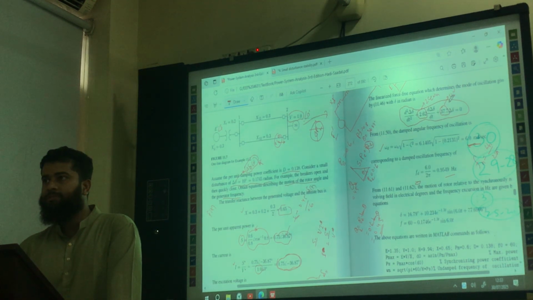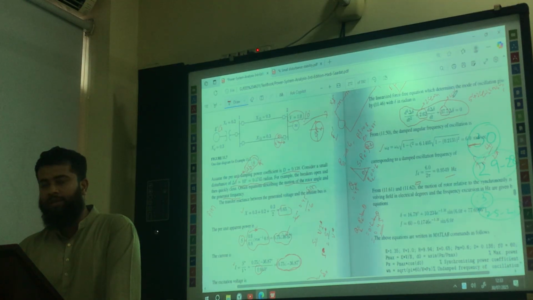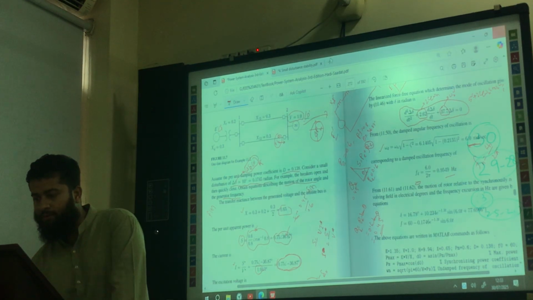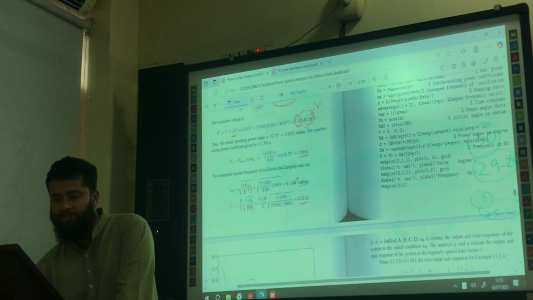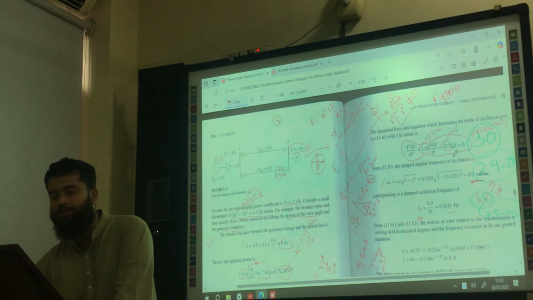Can you recall this general expression? It was s squared plus twice zeta omega n s plus omega n squared, right? So look, this is twice zeta omega n, this is omega n squared. Because your omega n was 6.14, if you square it, you will get 37 point something. Also after multiplying 2, zeta and omega n, you will get 2.6.